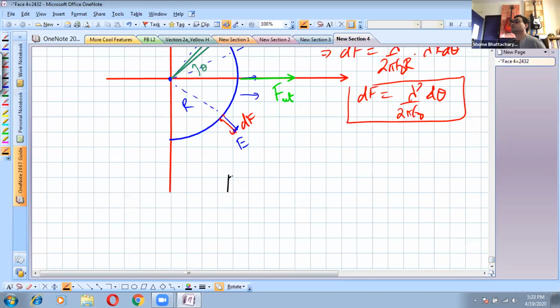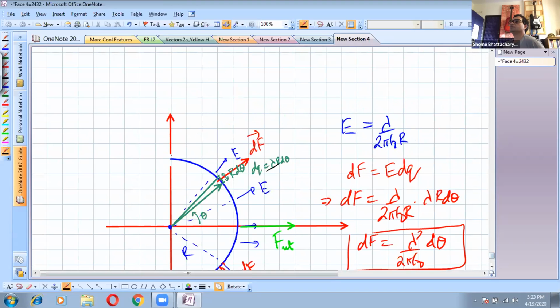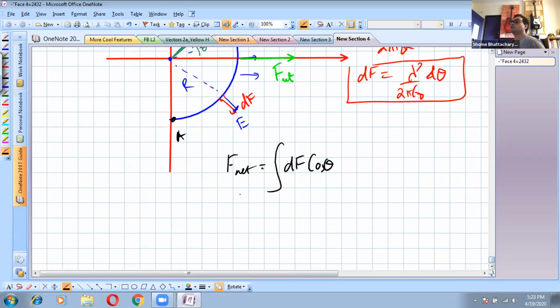So my net force will be the integrated sum of all the cos theta components, the way I have drawn theta, right from this point, let's say A, right up to that point above, which is B. For all the elements from A to B.